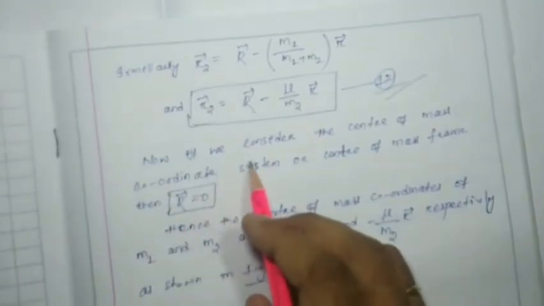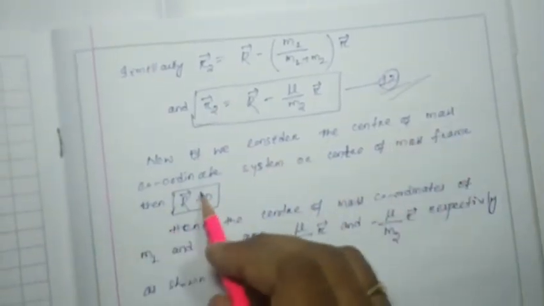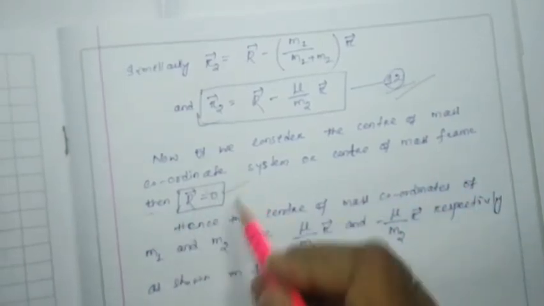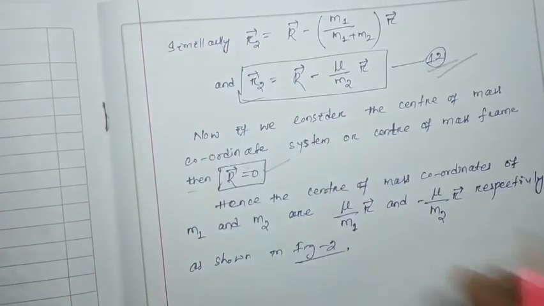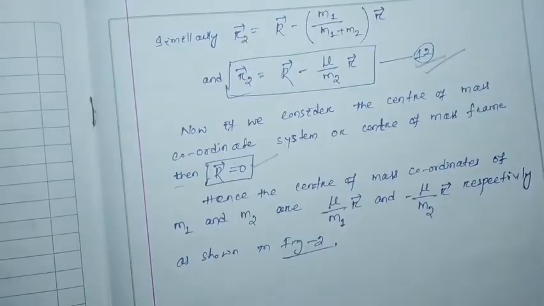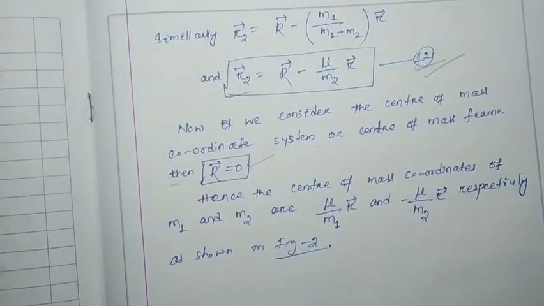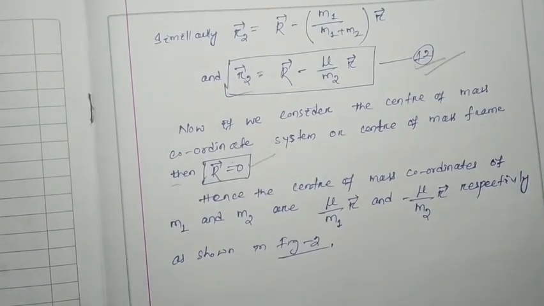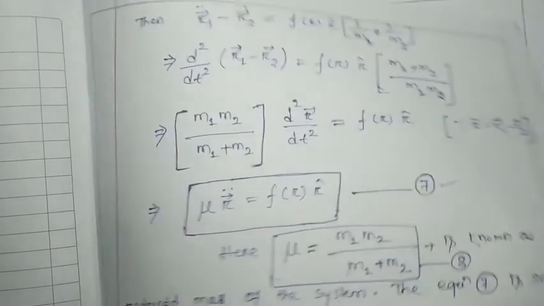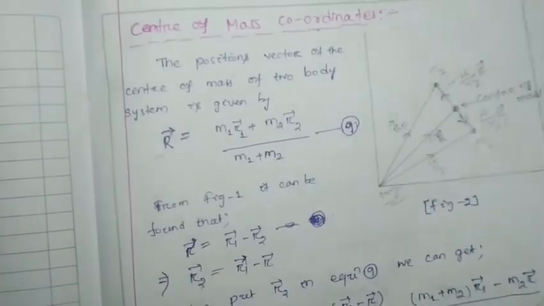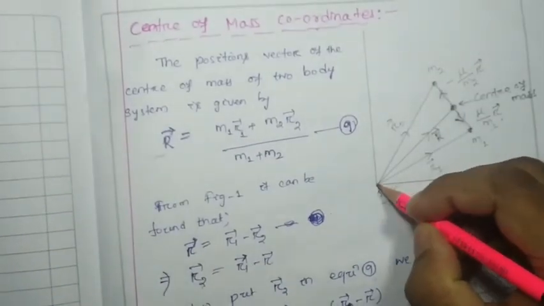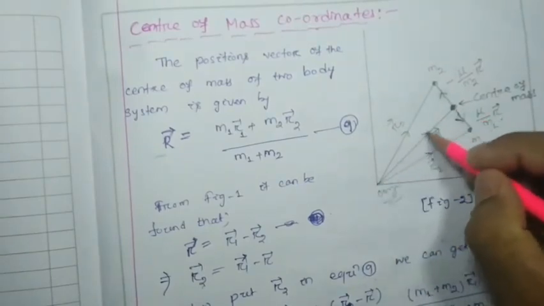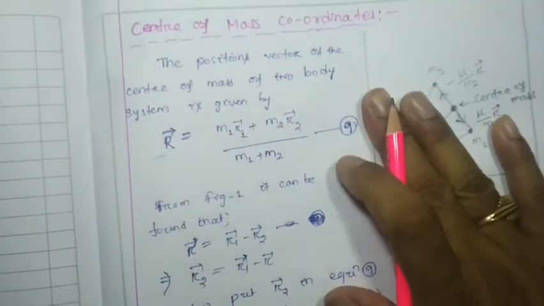Now if we consider the center of mass coordinate system or the center of mass frame, then R will be equal to 0, right? This is obvious, because if we change the origin from here to here, I'm going to show you. Initially the origin was here. If I change the origin from here to here, then this R value is going to be 0, right?